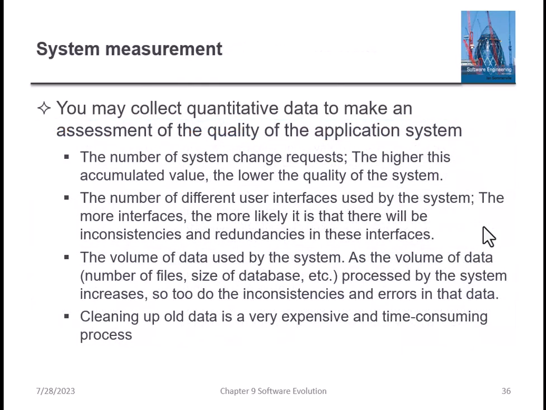System measurement. You may collect quantitative data, meaning data which is measurable, to make an assessment of the quality of the application. So these are important questions. The number of system change requests, the number of different user interfaces used by the system, the volume of data used by the system, and cleaning up old data is a very expensive and time-consuming process.